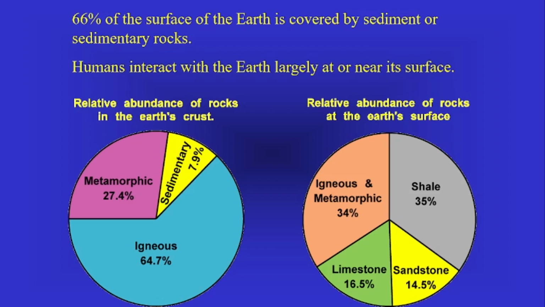Humans interact with the Earth largely at or near its surface. What are those interactions? We will cover it later on. They grow food on it.